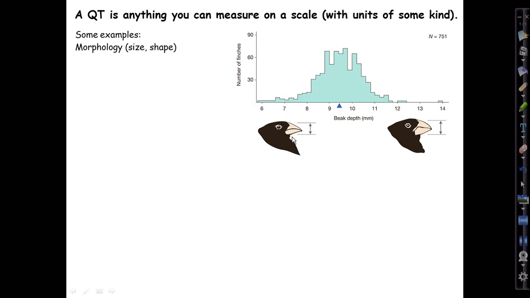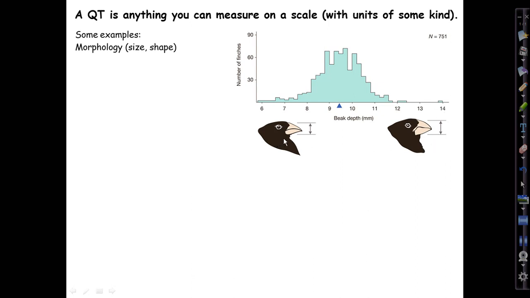A much studied case that we'll come back to briefly is that of beak dimensions, especially beak depth or height in Darwin's finches in the Galapagos. So here's two birds from the same population, drawn rather accurately. Some at this upper tail of the distribution have these really substantial beaks, much taller, like 12 to 14 millimeters, say.